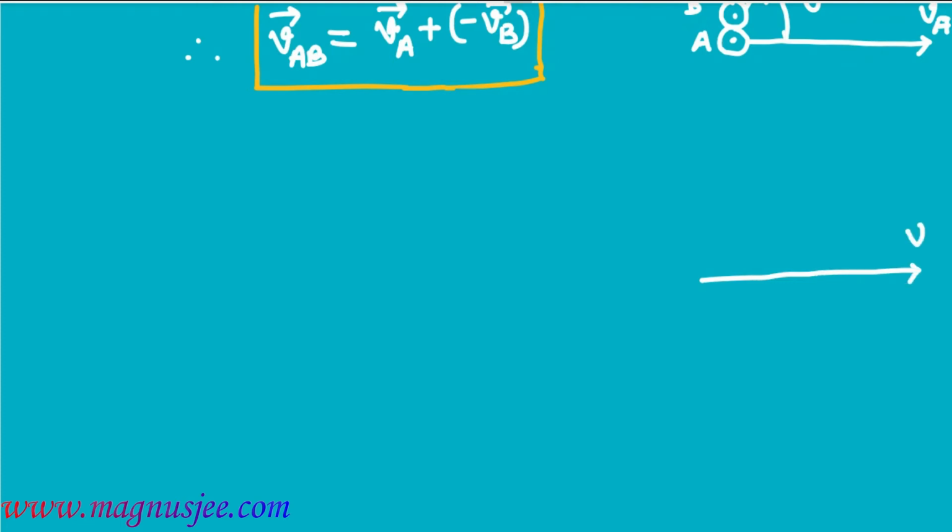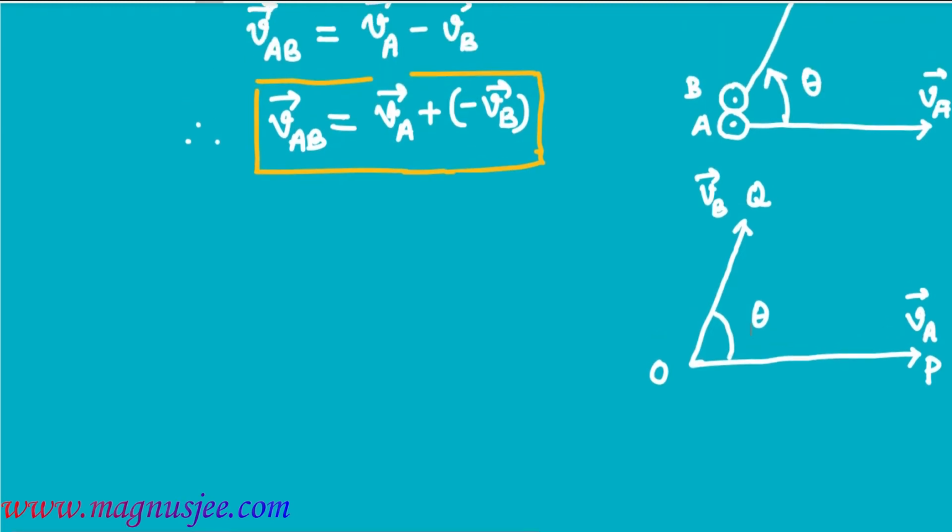We have to consider the opposite direction of motion of body B. Two bodies start their motion from the point O. A is moving along OP with velocity vector VA and B is moving along OQ with velocity vector VB, and the angle between the directions of motion of the two bodies is theta.